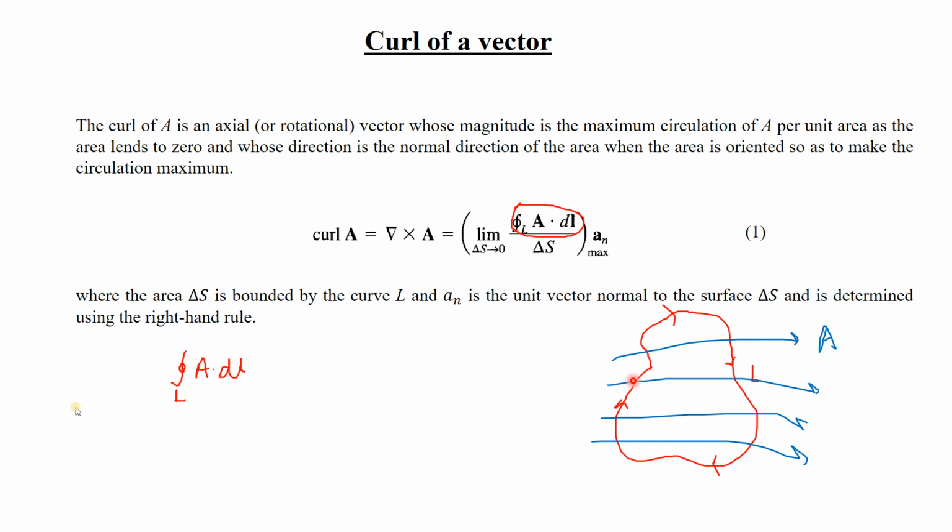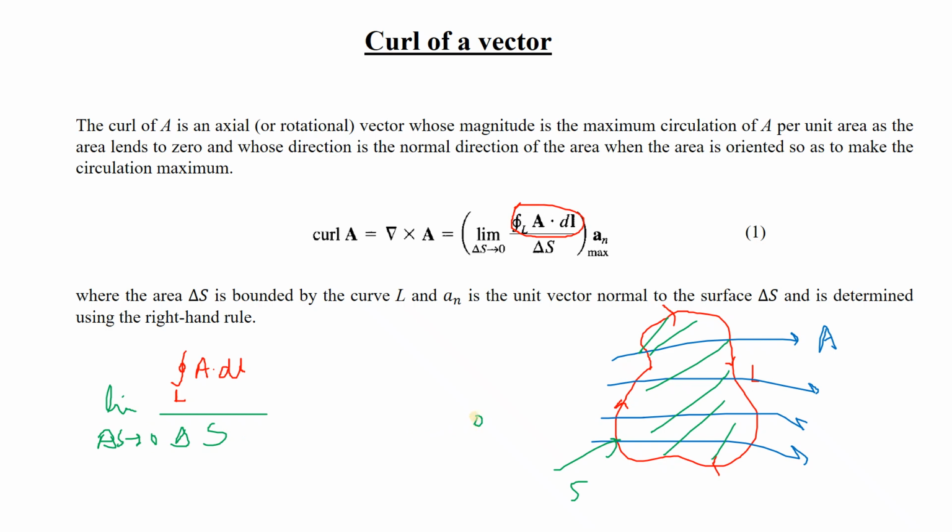But if it is two-dimensional, a complete path, it is a closed line, which is nothing but an open surface. So the closed path has some surface area S. So we consider the amount of circulation taking place per unit surface or per unit area, considering that the area tends to 0.